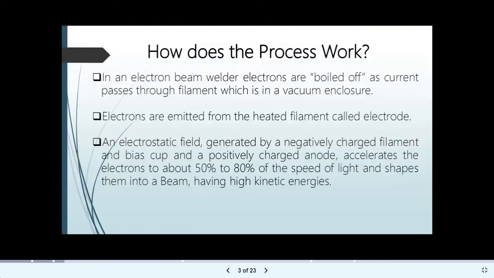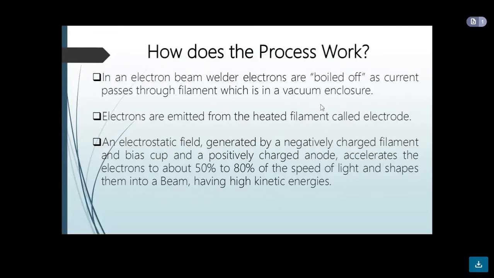Okay, the next step is how the process will work, how this electron beam welding will work. So here in the electron beam welder, electrons are boiled off as the current passes through the filament in a vacuum enclosure.